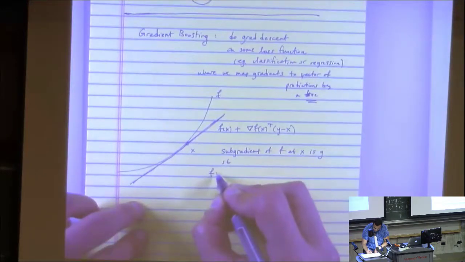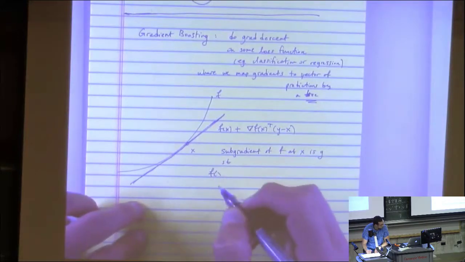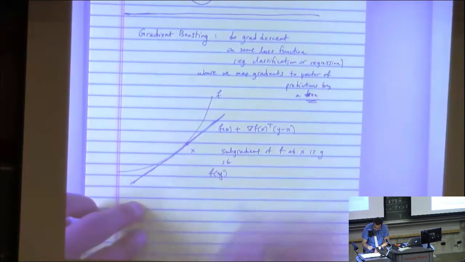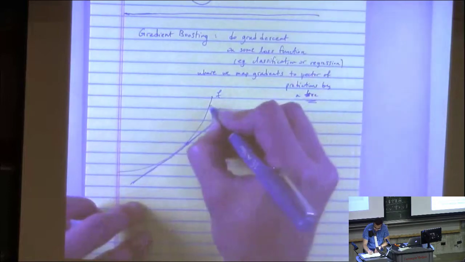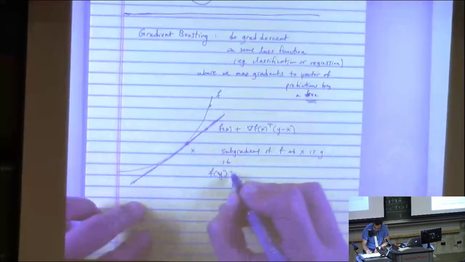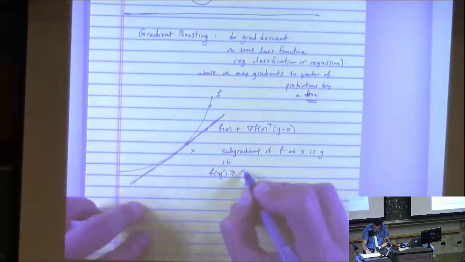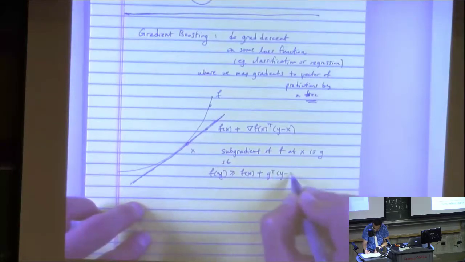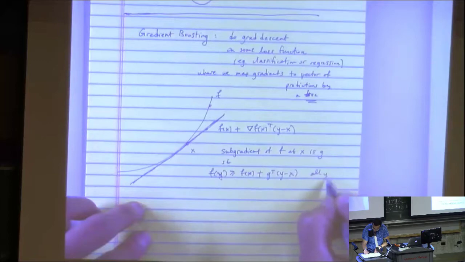If we evaluate the function at a point y, then f of y is bigger than or equal to f of x plus g transpose (y minus x) for all y.